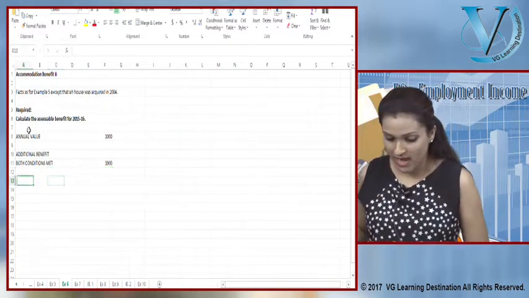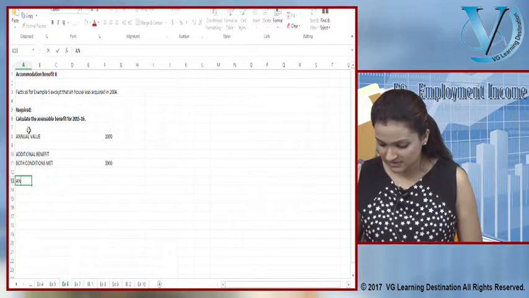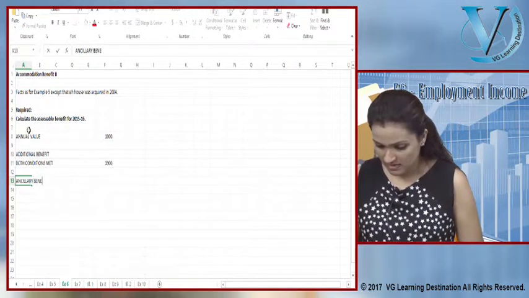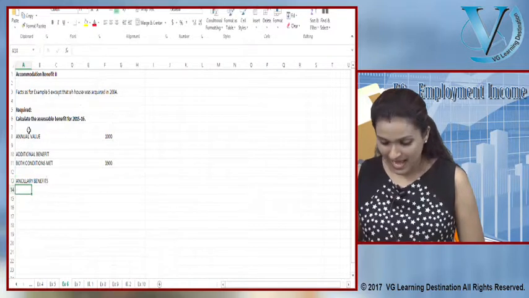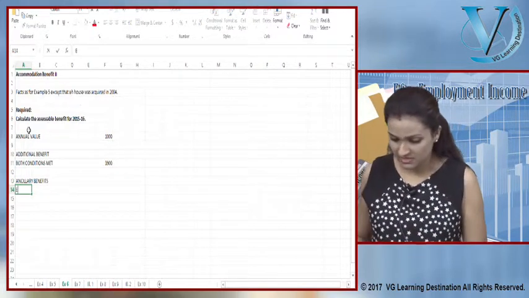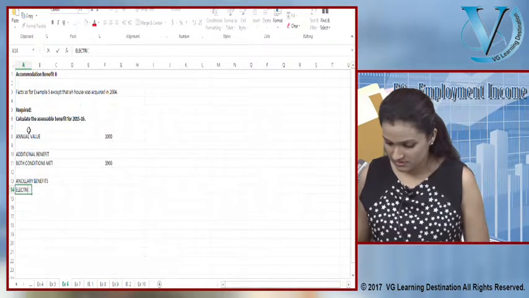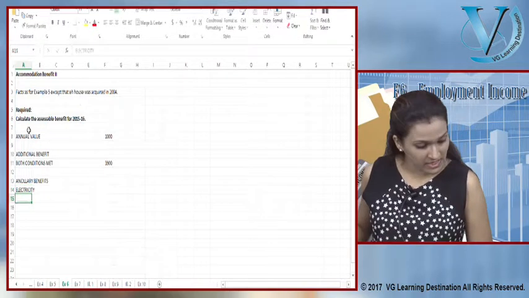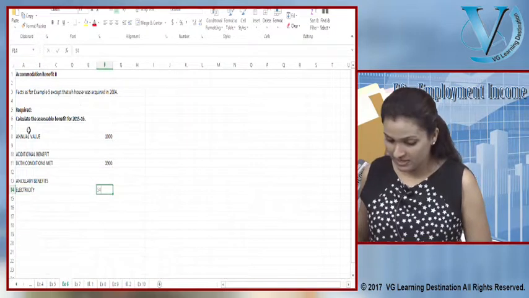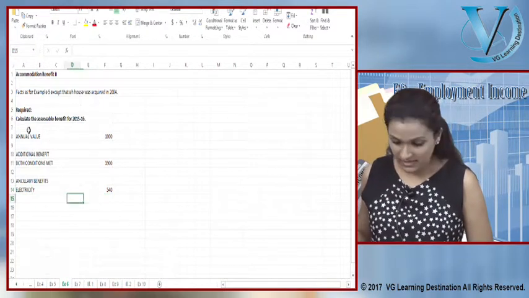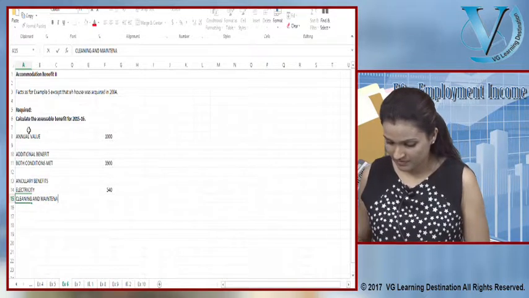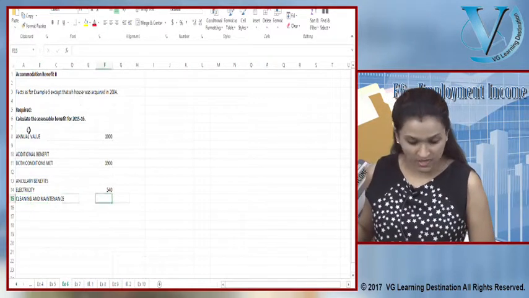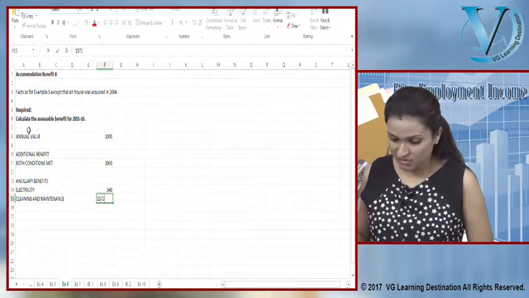What next do you add? You add the ancillary benefits, which again remain the same as we've already done. Electricity: how much was electricity? 540. Then there was cleaning and maintenance, which comes out to be 1,572.